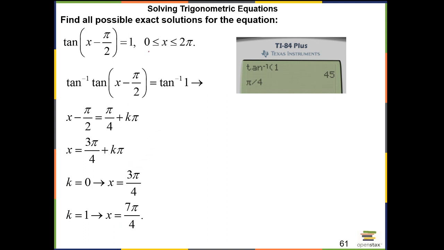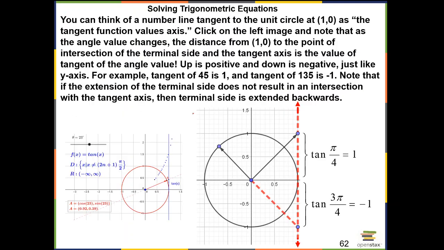So now to find the solutions in this interval, we let k be 0, we get that, k equals 1, we get that. So there are two solutions. This 7 pi over 4 is still less than 2 pi, because 2 pi is 8 pi over 4, right? All right, so that's it.